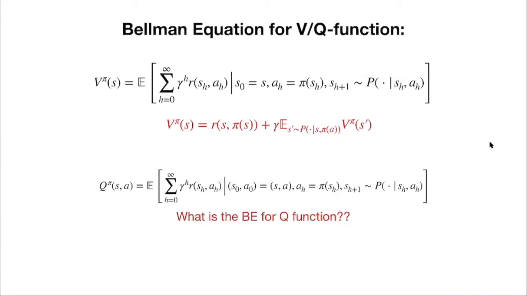We did not really get a chance to talk about the Bellman equation for the Q function, but you can write out a very similar expression. Remember, we want to express this very complicated object using only quantities related to one step.